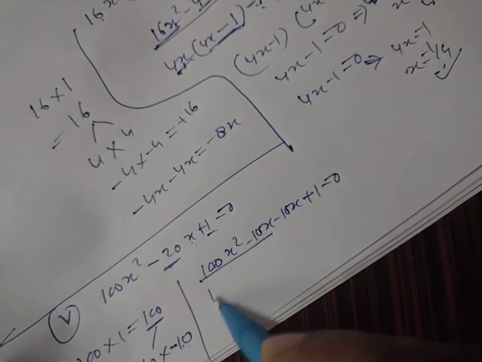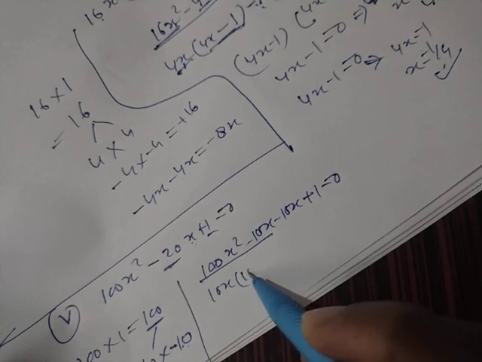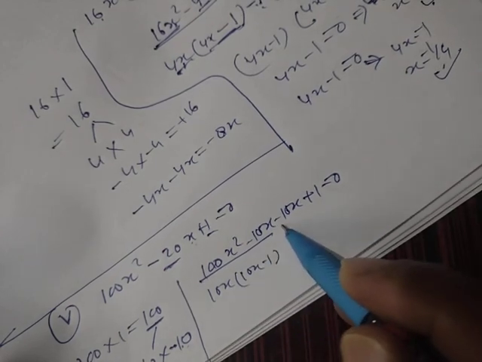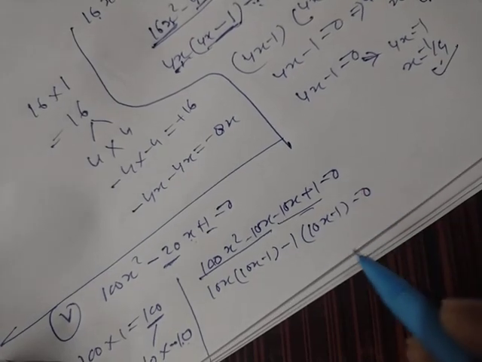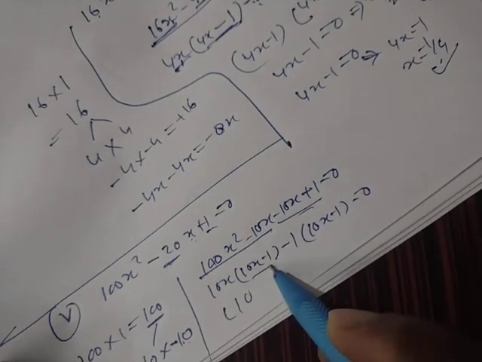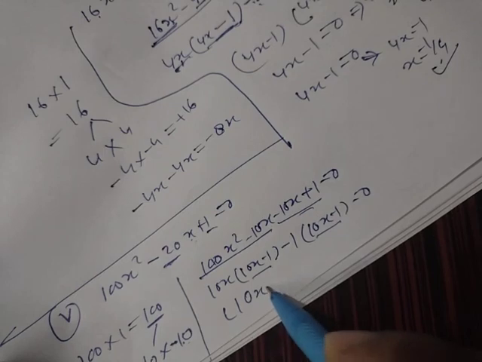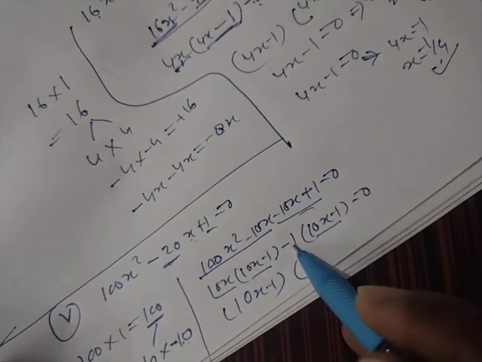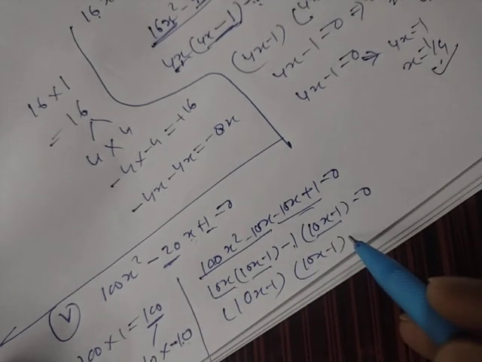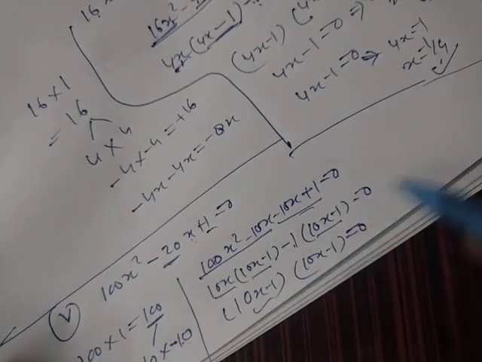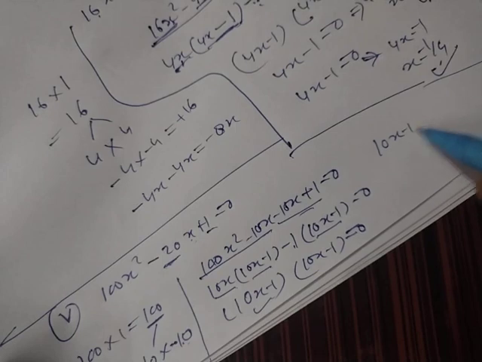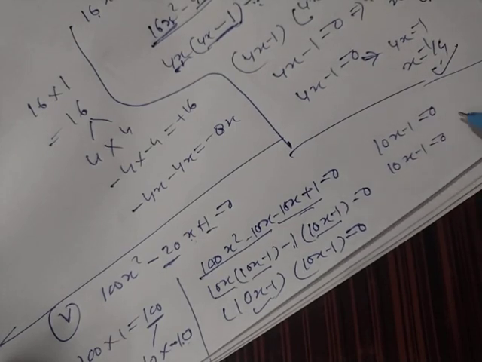What is common in this? 10x. Then 10x minus 1. What is common in this? Minus 1. 10x minus 1 is equal to 0. Then 10x minus 1 will be common, then 10x minus 1 will be here equal to 0. You see, either 10x minus 1 is equal to 0 or 10x minus 1 is equal to 0.